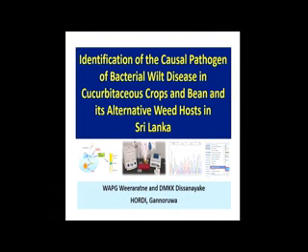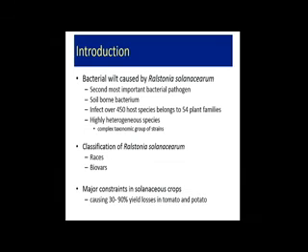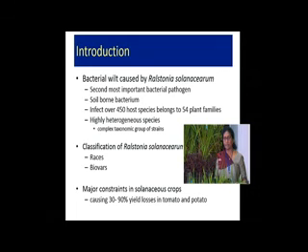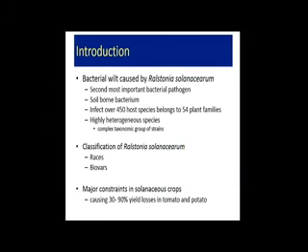Coming to the introduction, bacterial wilt is caused by Ralstonia solanacearum. It is ranked the second most important bacterial pathogen species. Its earlier classification of Ralstonia solanacearum was according to Race and Biovars. This is one of the main constraints in solanaceous crops.